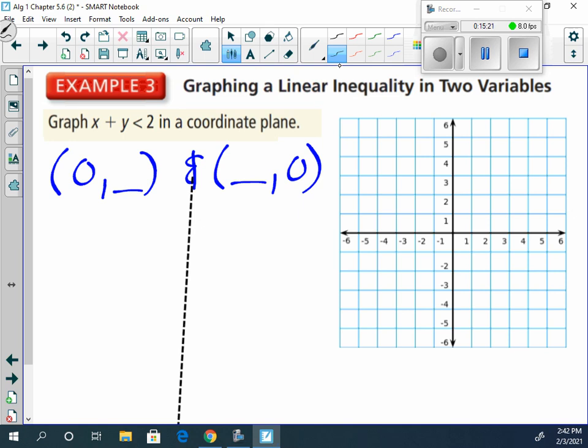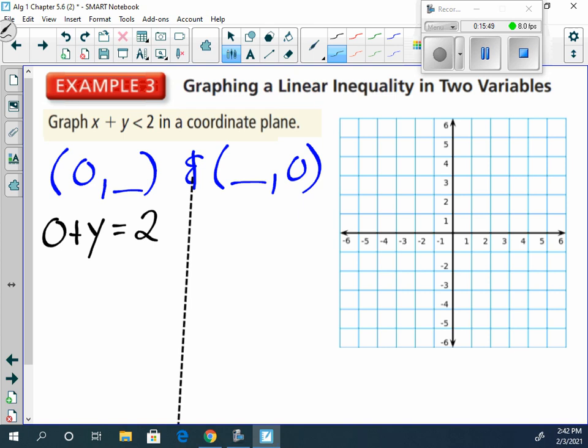It's a little bit easier to work with because 0 times anything is 0. So if I plug 0 in for x, we'd have 0 plus y is equal to 2. And again, we switched it to equals because we're trying to find the point. We're not so much worried about the greater than or less than because we're trying to find exactly what this point would be.